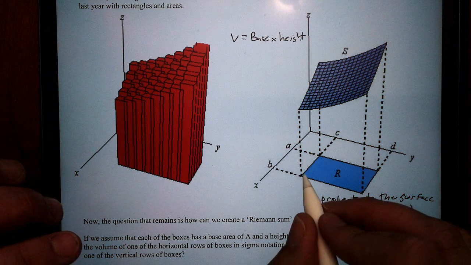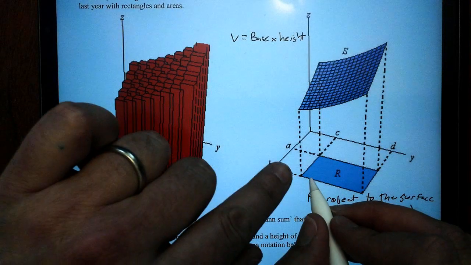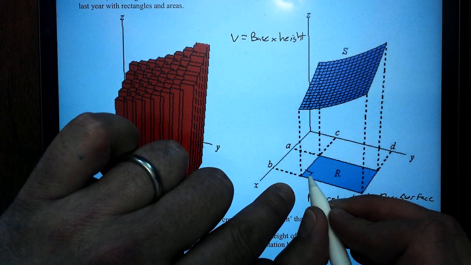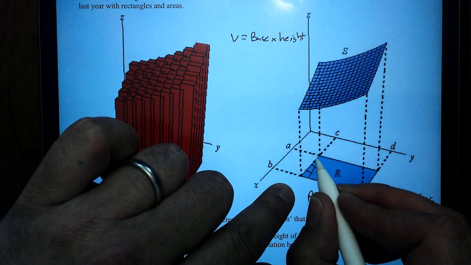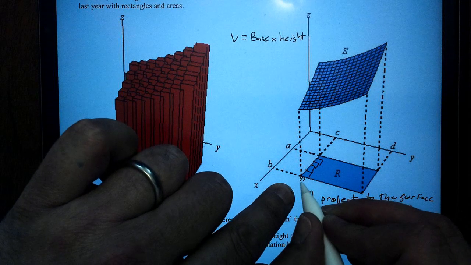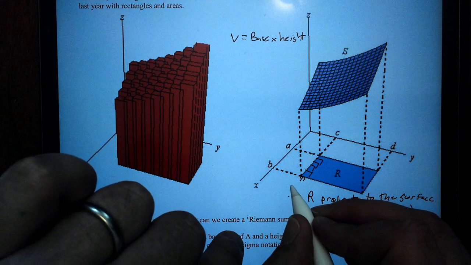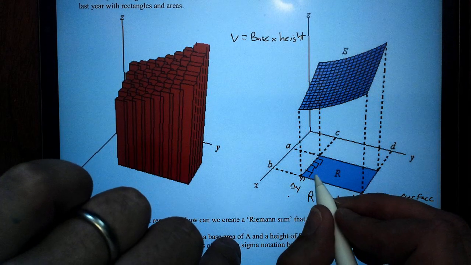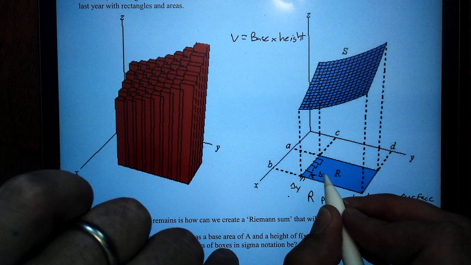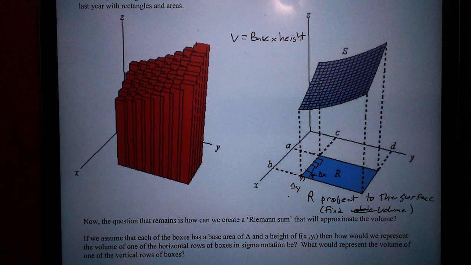So let's take a look at the base down here. We can break the base up into littler, tinier rectangles. Each of these rectangles will have a little tiny width, delta x, and delta y.